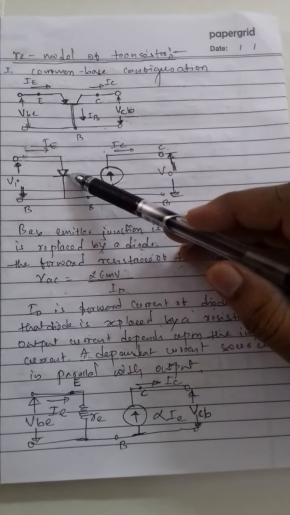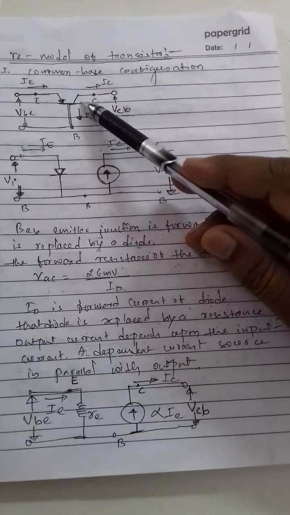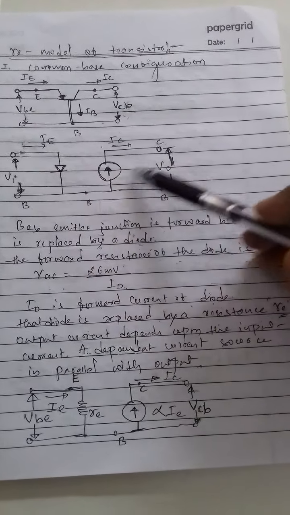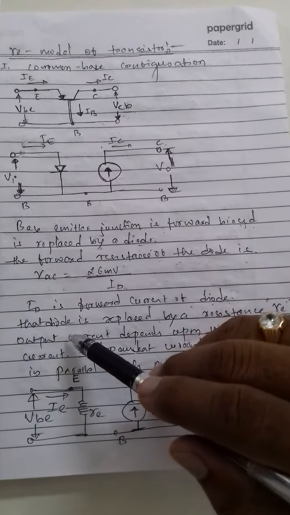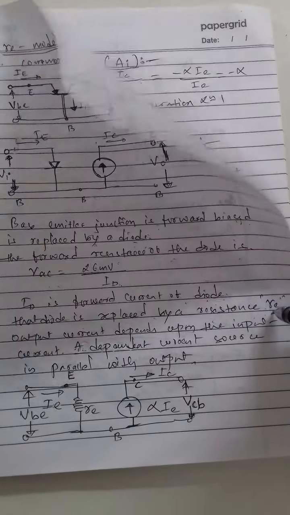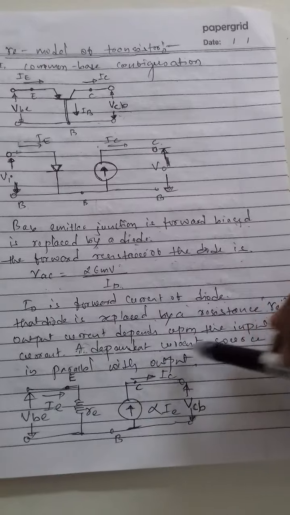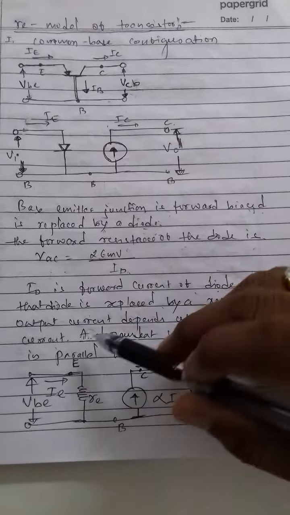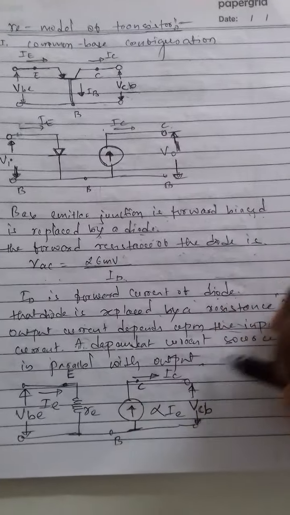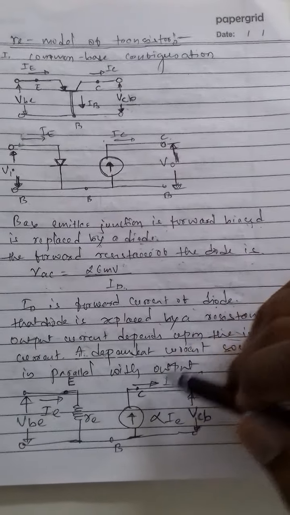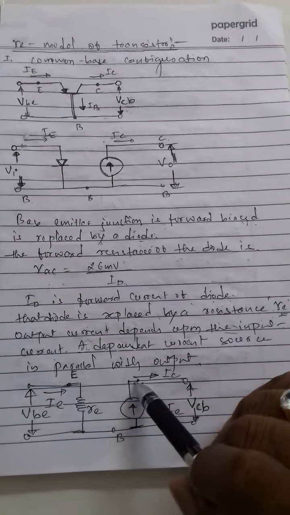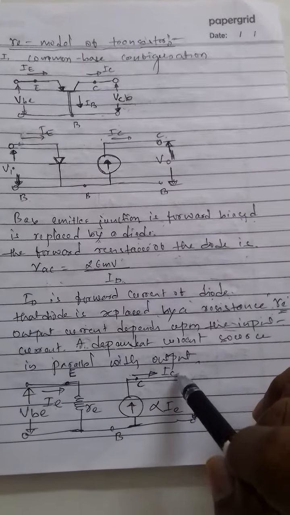Here the common base configuration of the transistor is drawn in this form. The output current depends upon the input current, so a dependent current source is in parallel with the output.